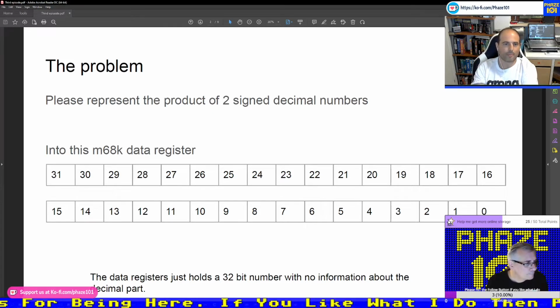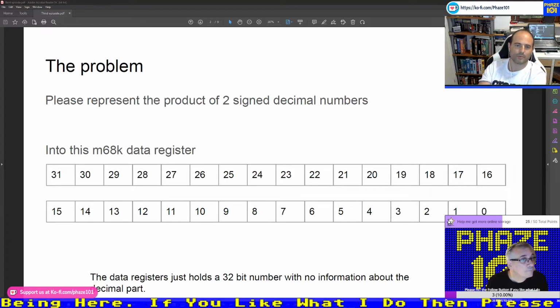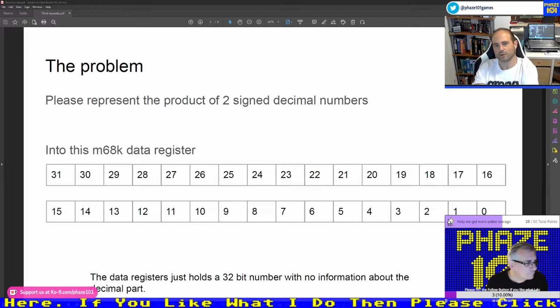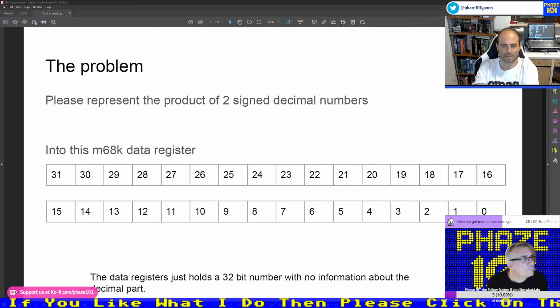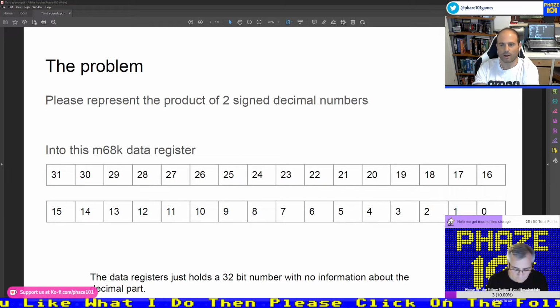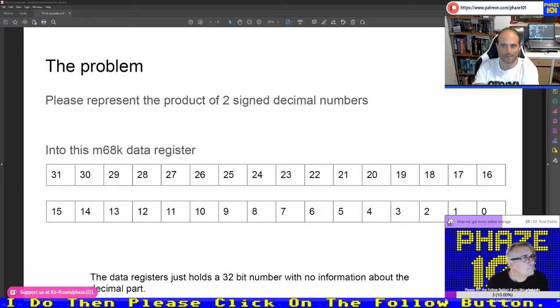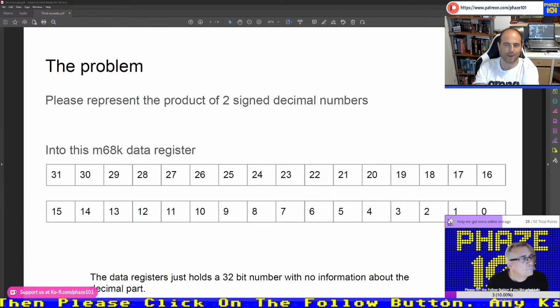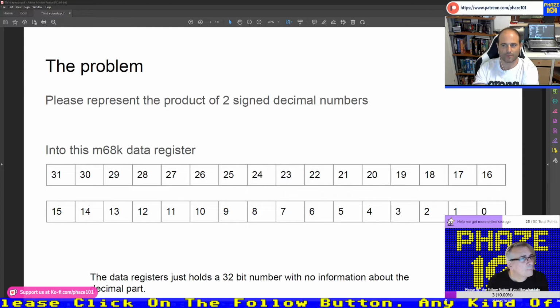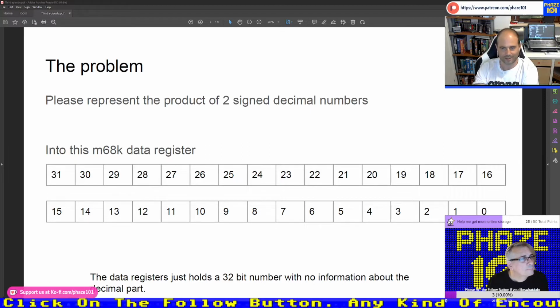Okay, the problem: represent the product, so the multiplication, of two signed decimal numbers. Following, there is just a table, and it represents in my mind how a data register on the Motorola looks like.